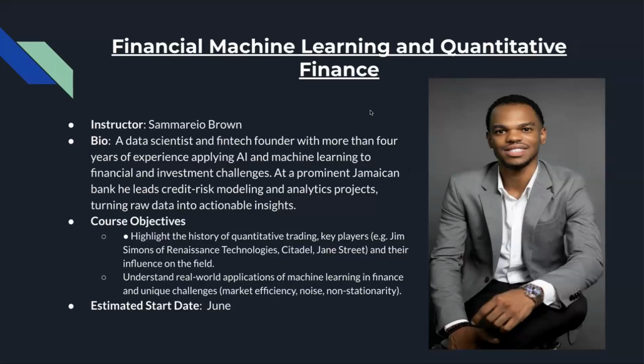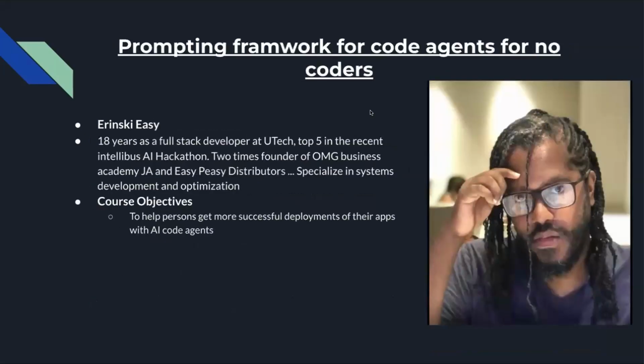So moving on to the next one. This next masterclass is called Prompting Framework for Code Agents for, oh, this should be non-coders. Sorry. But as we're seeing now, the trend of vibe coding is becoming more of a thing.